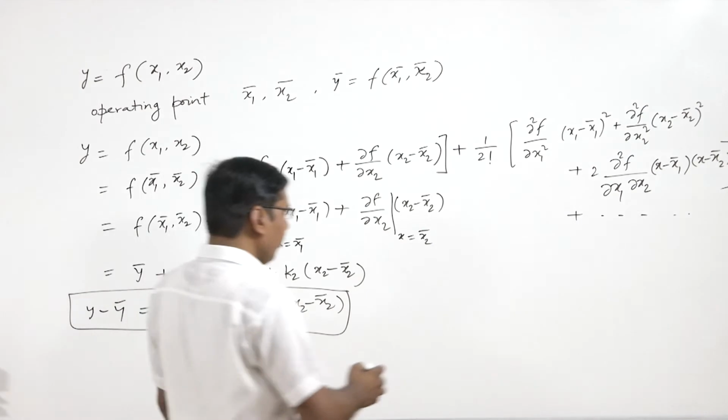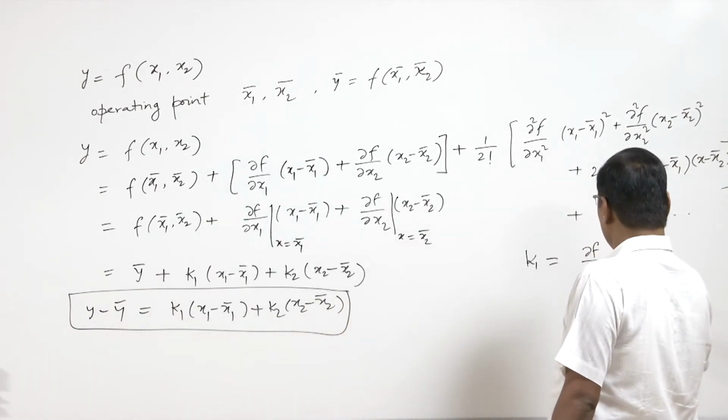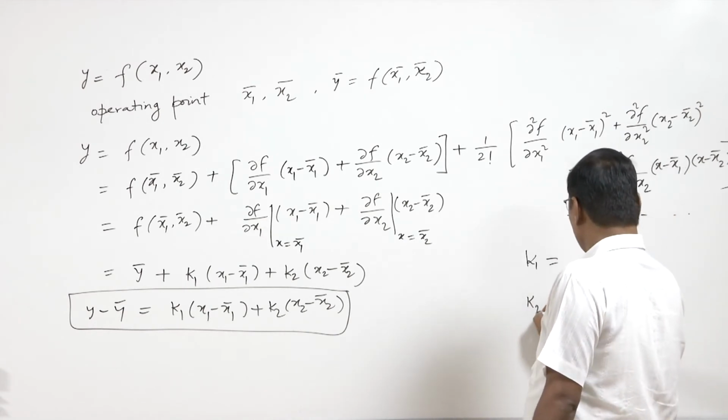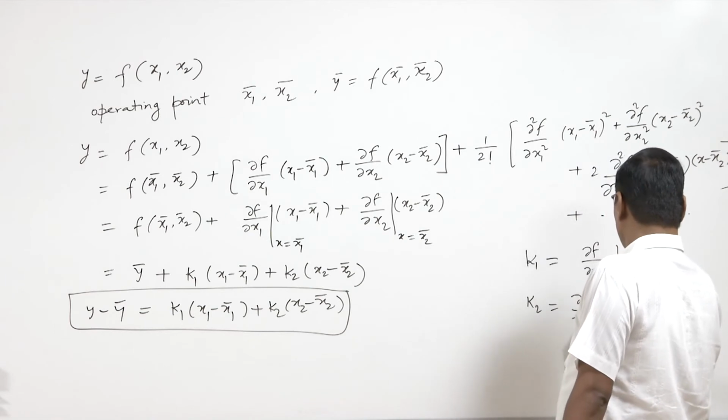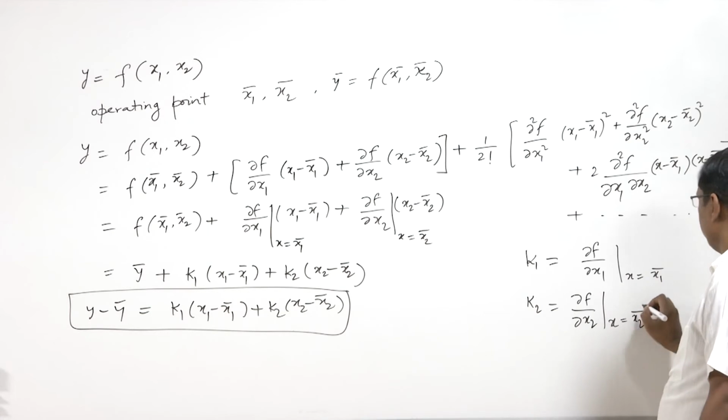Here k1 equals del f by del x1 at x1 bar and k2 equals del f by del x2 at x2 bar.